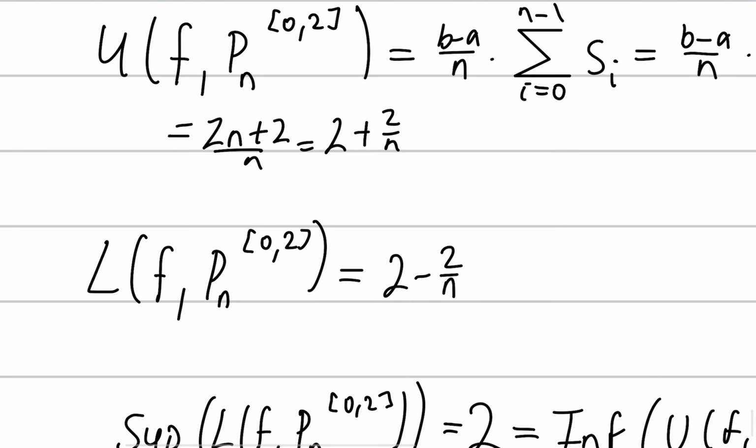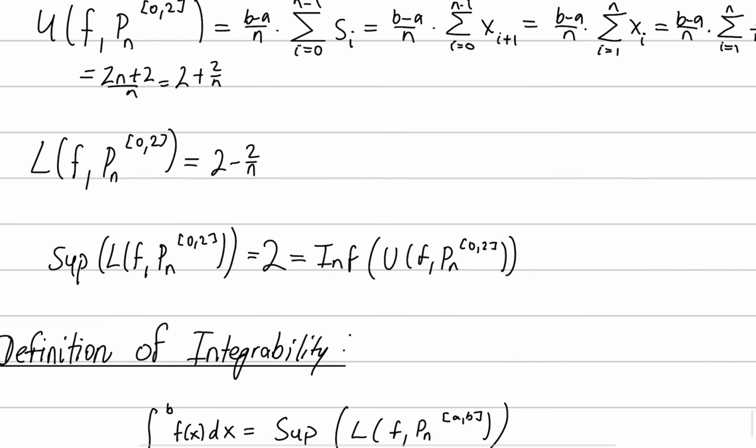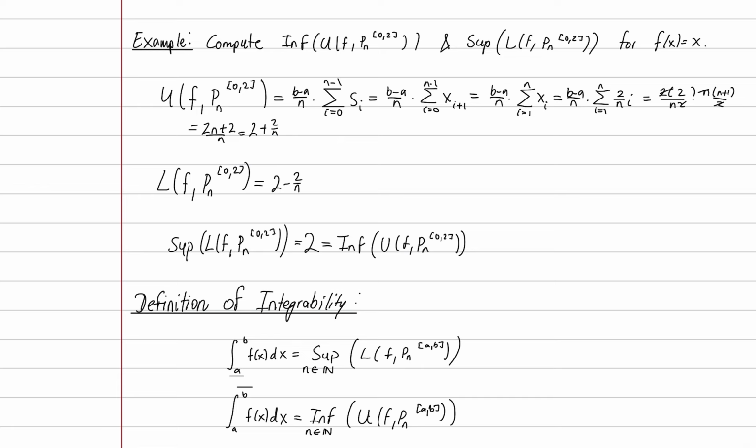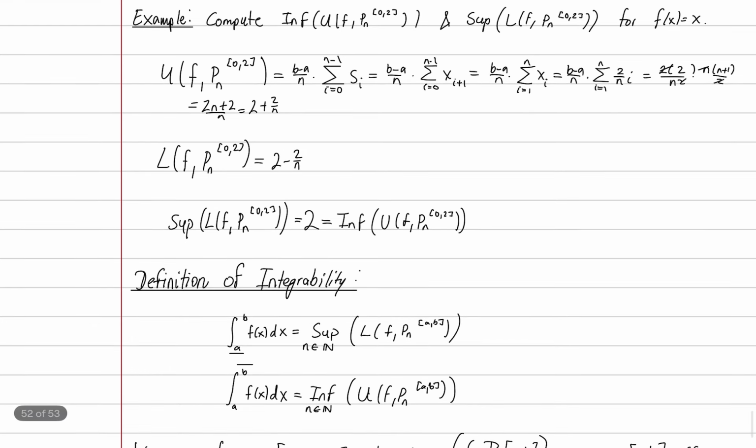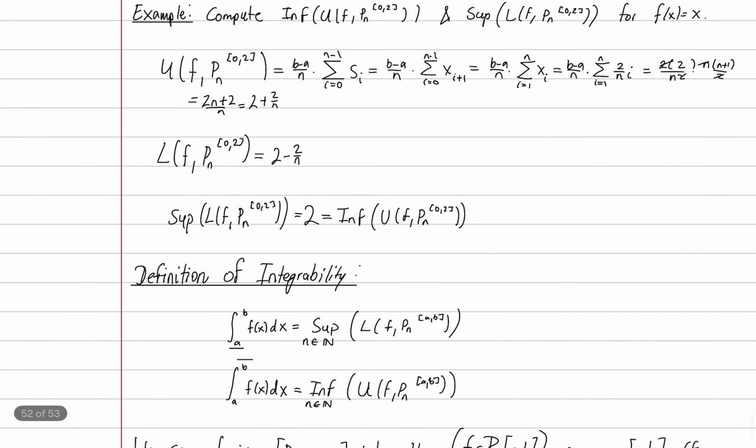And same idea for L, just flipped. So the supremum and the infimum are equal. We're going to use the supremum and the infimum when we talk about what integrability is, more specifically the Riemann integral, or Darboux, more technically.